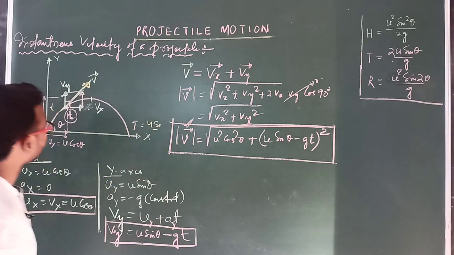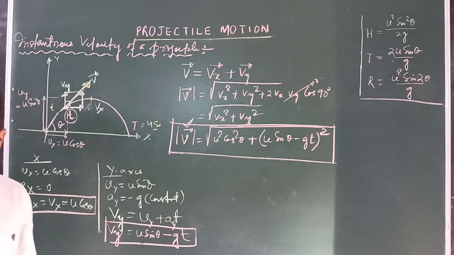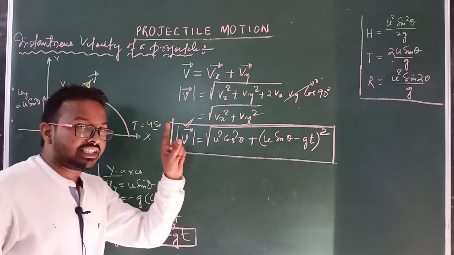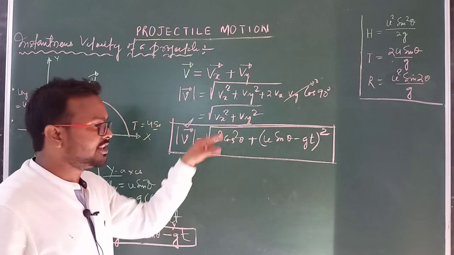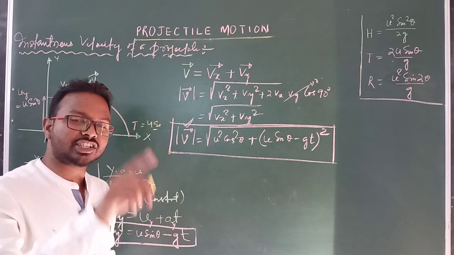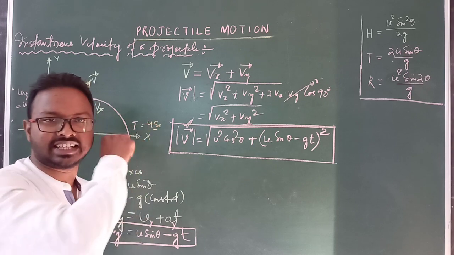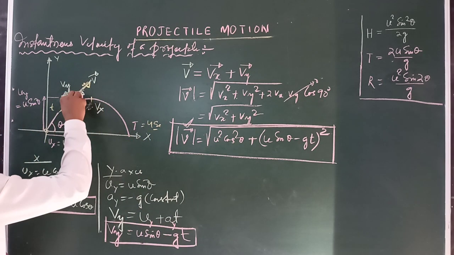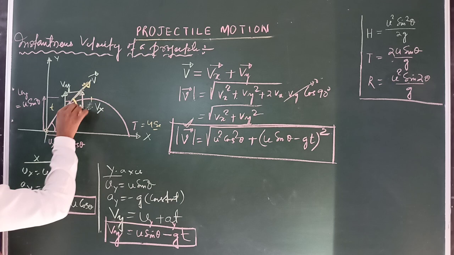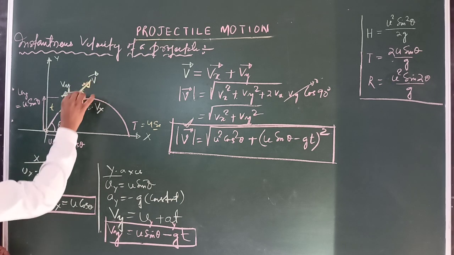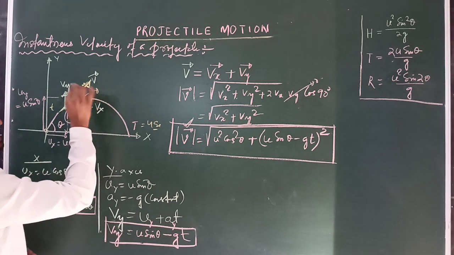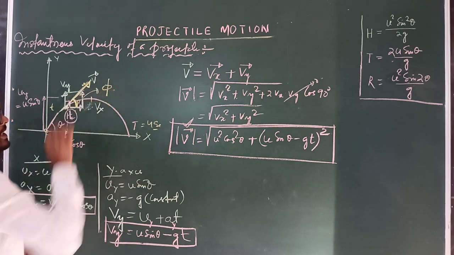Clear? Okay. And here a question may ask, when time t equals 1 second, find the instantaneous velocity and find the direction of the instantaneous velocity with the x-axis. So this is known as the direction of this resultant vector. Suppose this angle I am taking here is phi.